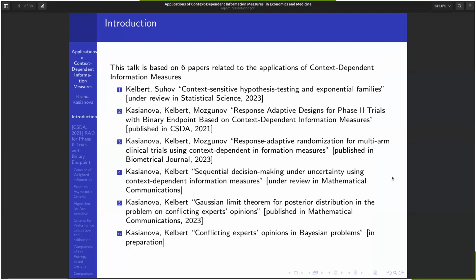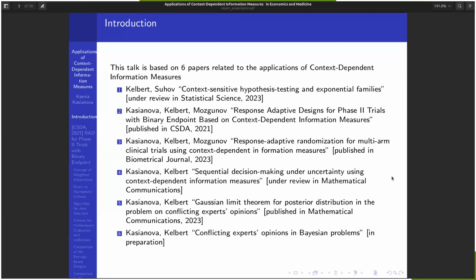This paper refers to the development of a mathematical framework for working with a vast scope of problems, including medical and economic problems. And in papers 2 to 6, we are applying this mathematical apparatus.